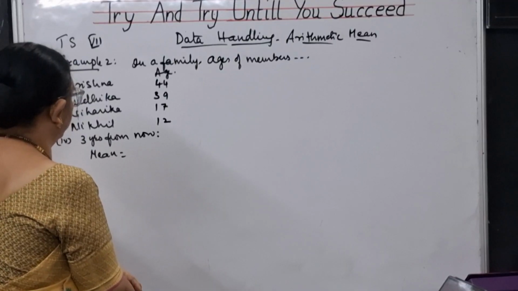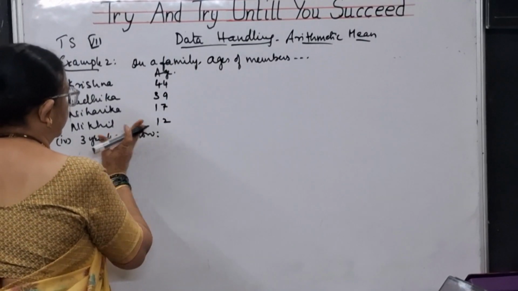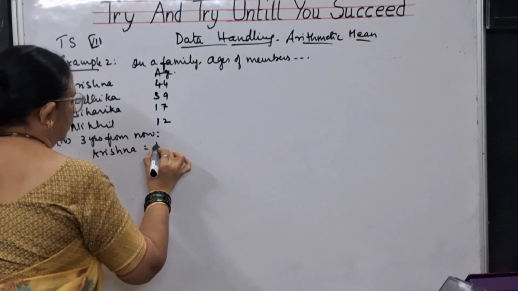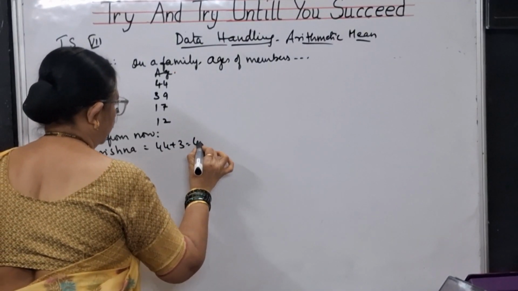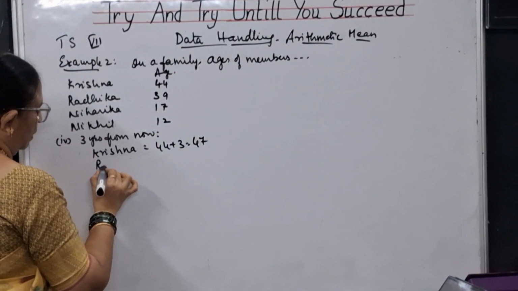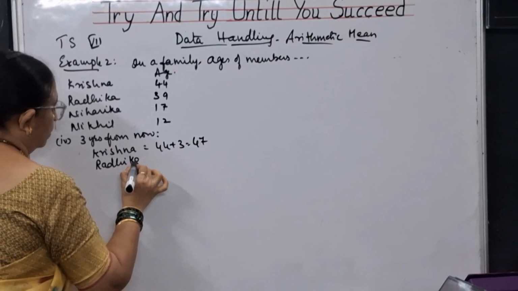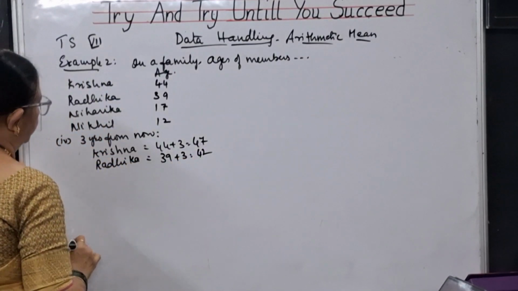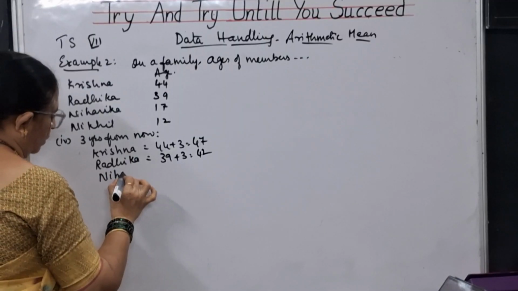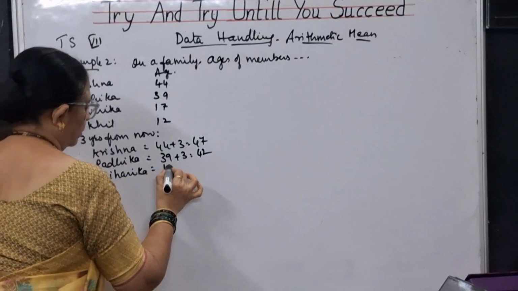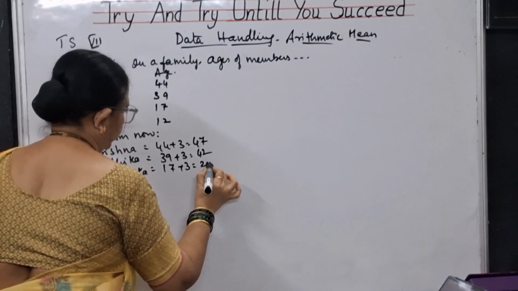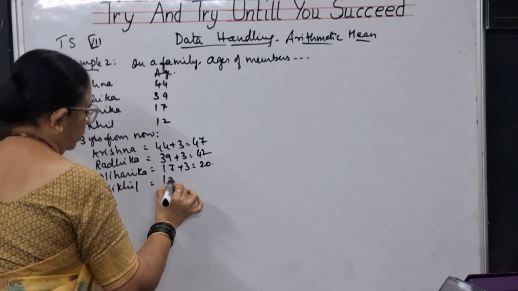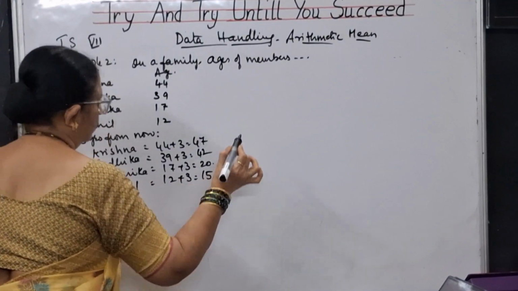I'll write first ages. Ages here is Krishna 44 plus 3 47. Radhika 39 plus 3 42. Niharika 17 plus 3 20. Nikhil 12 plus 3, that is 15.